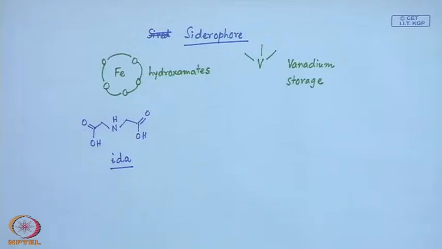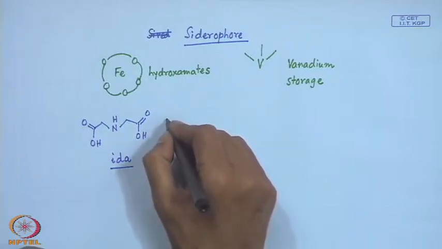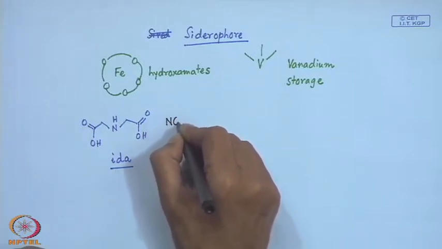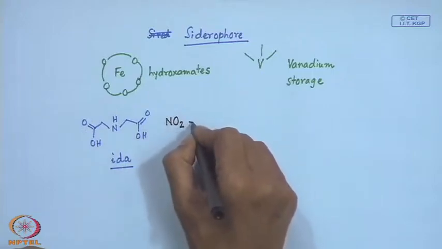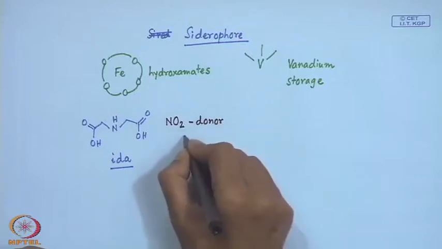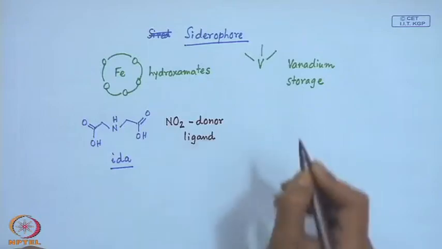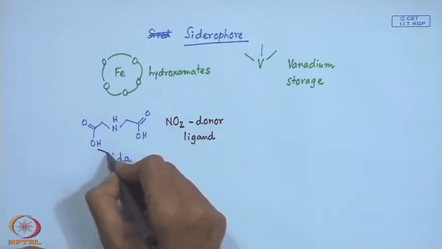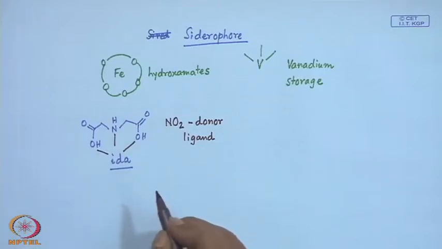So, this particular one is a very useful NO2 type ligand: 1 nitrogen donor and 2 oxygen donors, an NO2 donor ligand, and one such ligand can bind one vanadium through this oxygen and this nitrogen.